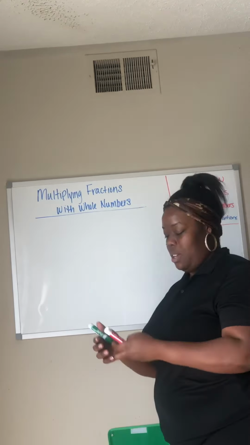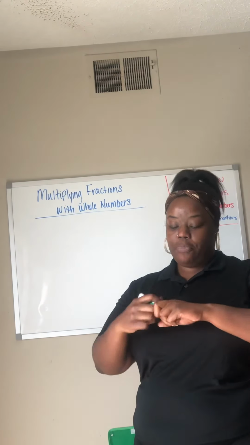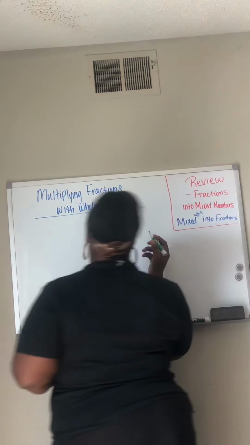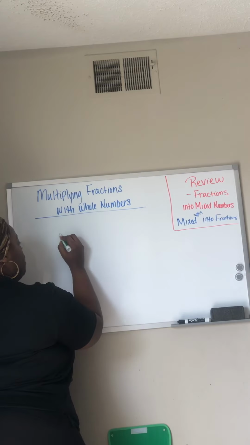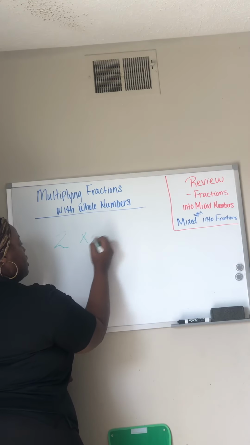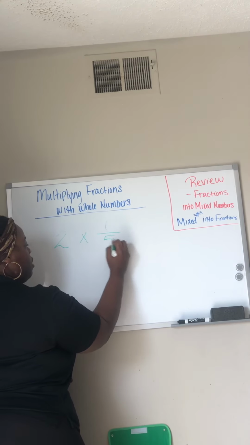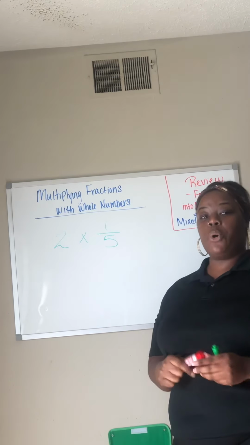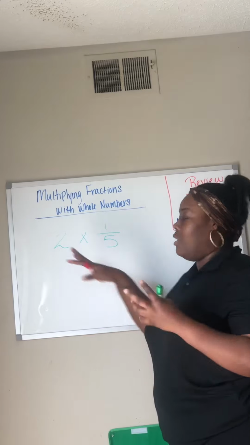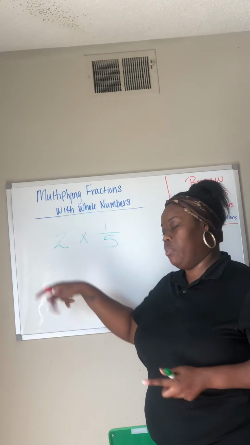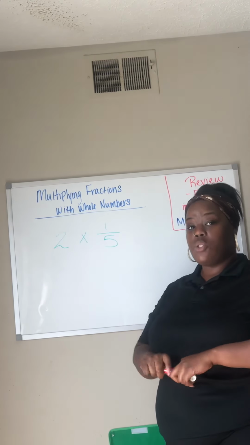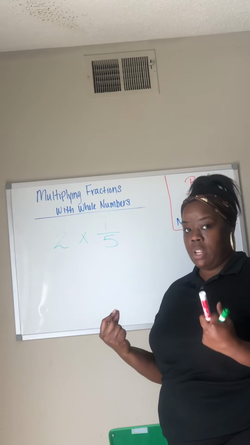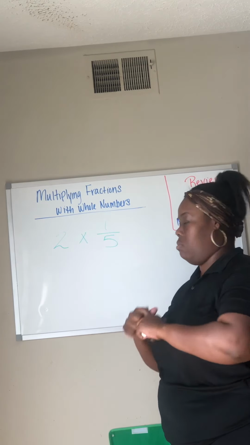I am going to write an example on the board for you all. My first example is 2 times 1 over 5. The first thing we're going to do is take a look at the whole number 2. We are going to turn that into a fraction before we multiply with this fraction.